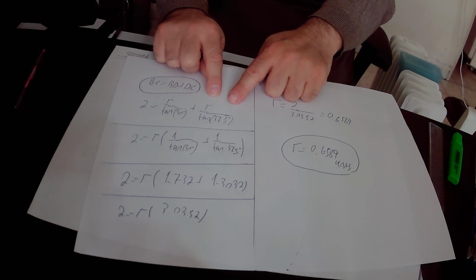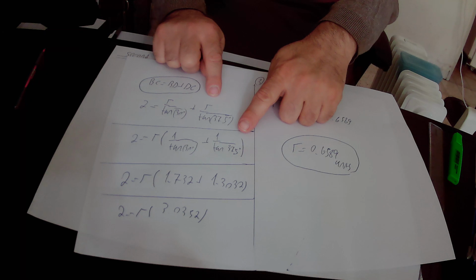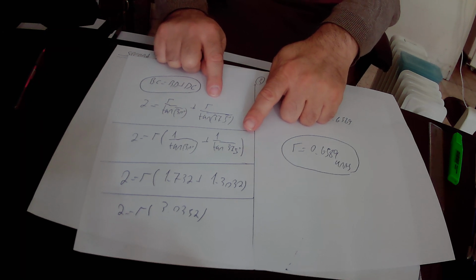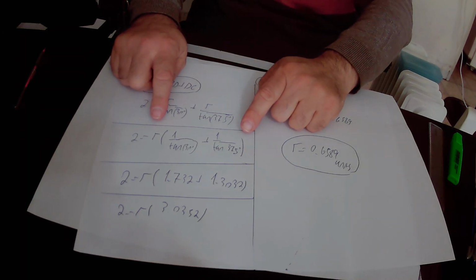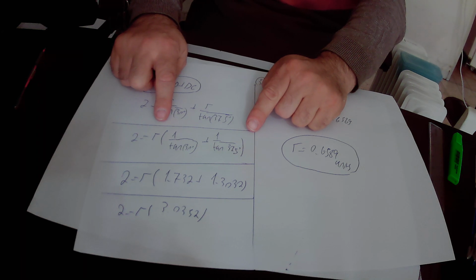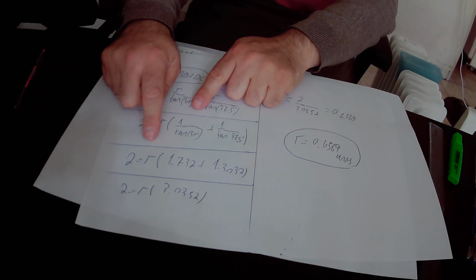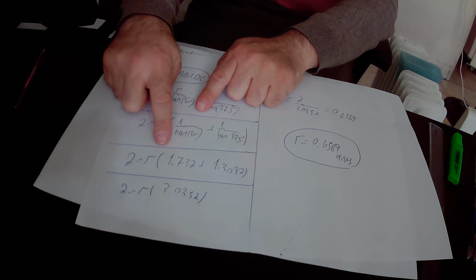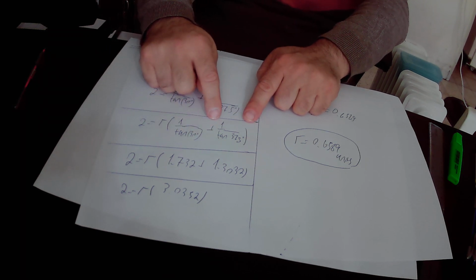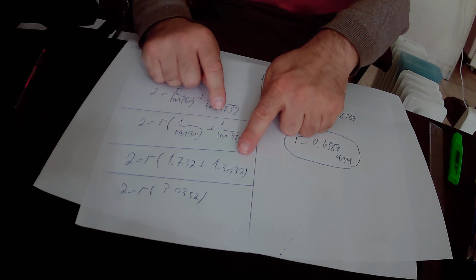What is left from the second expression is 1 over tan 37.5 degrees. So in conclusion, 2 equals R, and inside the brackets we have 1 over tan 30 degrees, which is 1.732, plus 1 over tan 37.5 degrees, which is 1.3032.